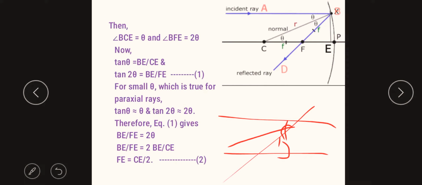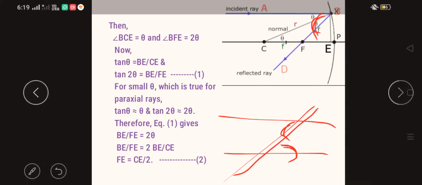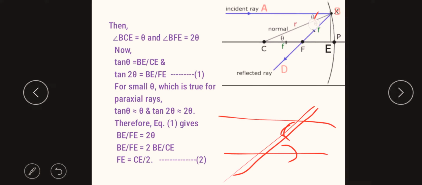If these are the parallel lines and a line passes like this, then this angle is equal to this angle. We can call them opposite angles. Here this angle is equal to theta plus theta, which is 2 theta. Hence this angle also is equal to 2 theta.